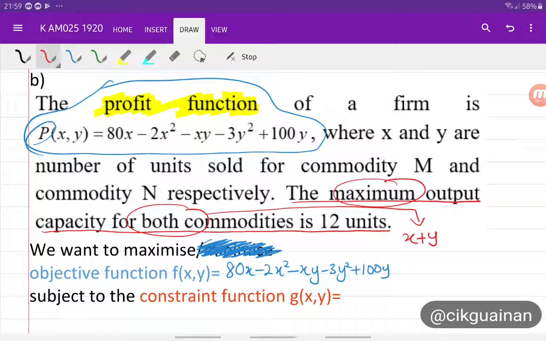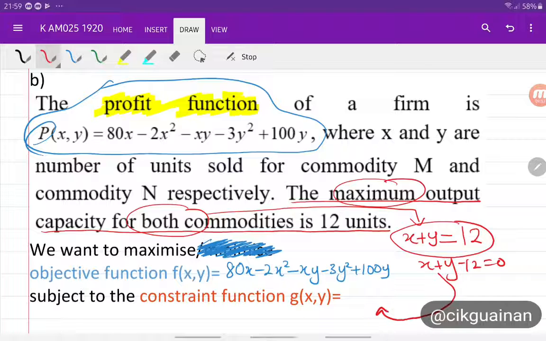It cannot be more, it cannot be less, so it must equal 12. So this is the constraint function. As usual, before we put it inside here, we must adjust it a little bit. So x plus y minus 12 equals 0. Then we copy and paste: x plus y minus 12 equals 0.